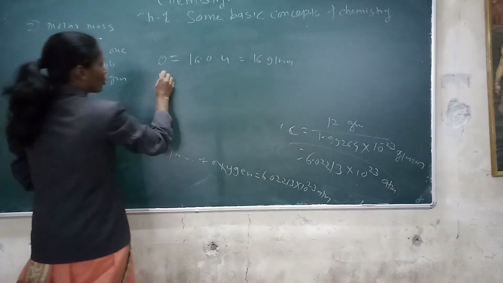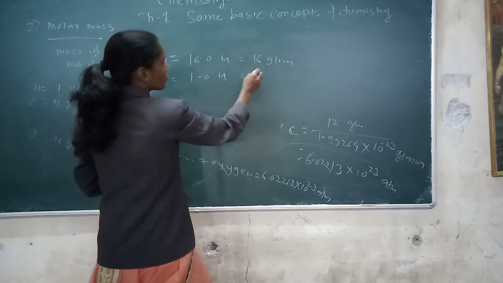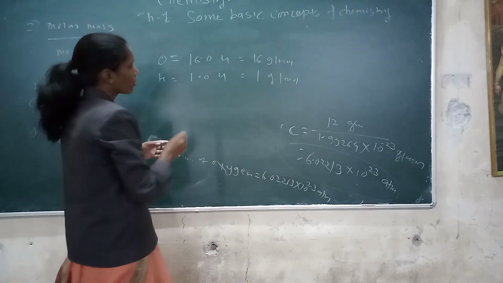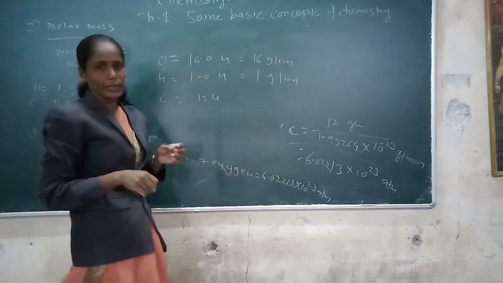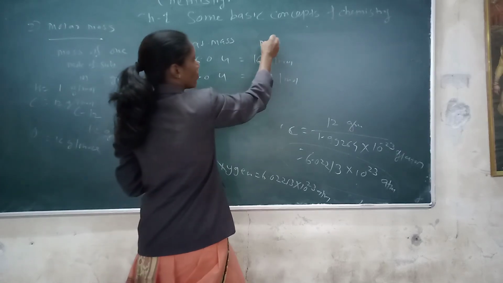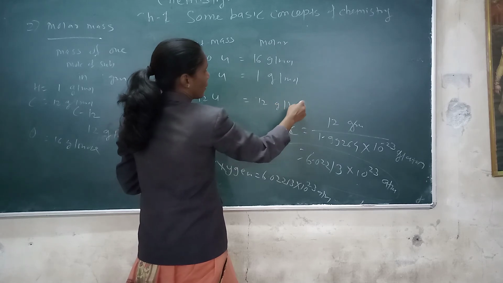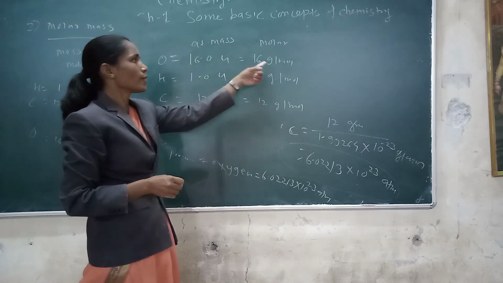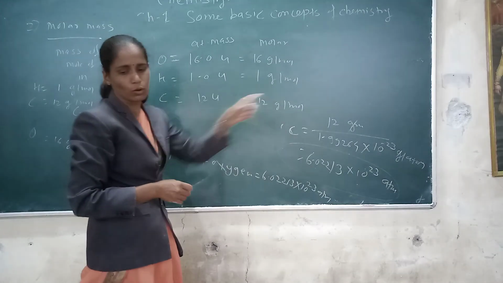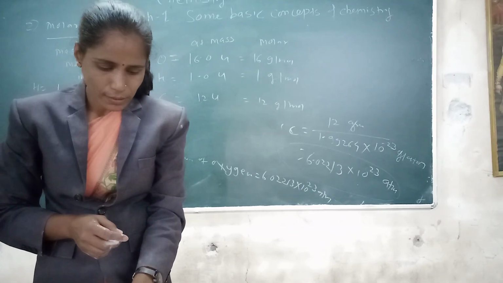Hydrogen shows atomic mass 1 unit, means 1 gram per mole. Carbon shows 12 unit atomic mass, and molar mass 12 gram per mole. These are about the molar masses.